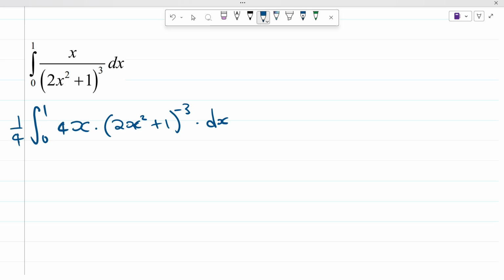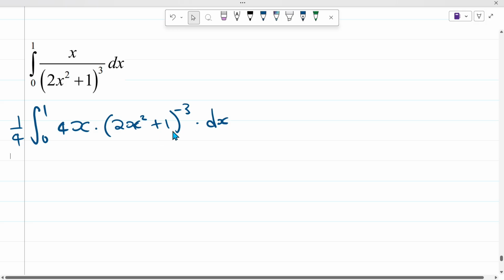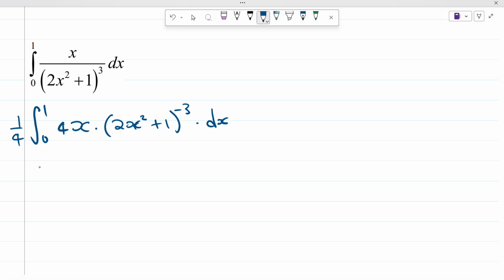So since we have put that 4, we need to cancel it out by 1/4 so that we don't change our question. But then we can make use of 4x multiplied by that. So we can just use general power rule to integrate that. So this is 1/4. We apply general power rule. This is going to be (2x² plus 1) to the power of -3 plus 1, that's -2, divided by -2.